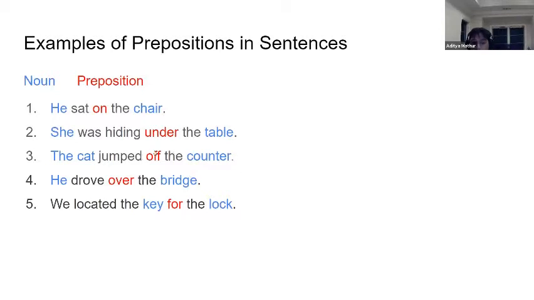There's a relationship between the cat and the counter, and off is describing that relationship. This is why off is a preposition.